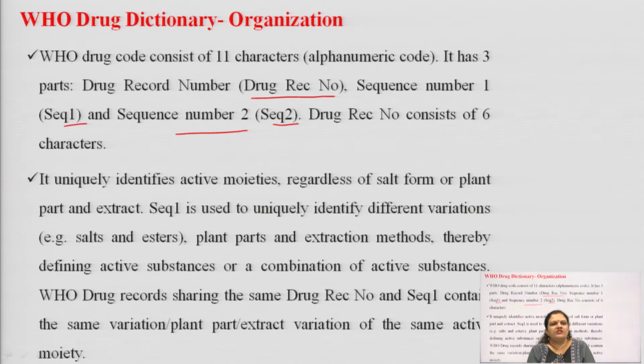WHO drug records share the same drug record number, and here sequence 1 contains the same variation. The variation I have described is the variation in the drug as a therapeutic moiety we prescribe to a patient: variation in the plant part, variation in the extraction procedure of the same active moiety, or derivatization for increasing or decreasing its lipophilicity and hydrophilicity.